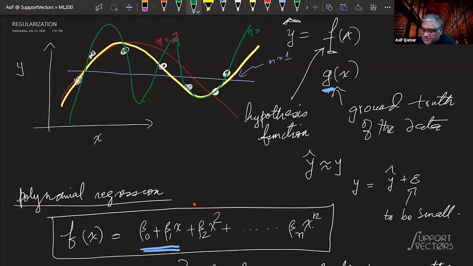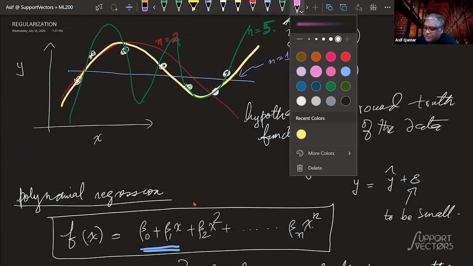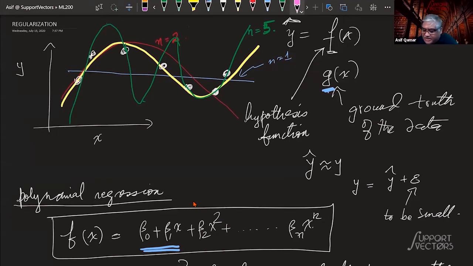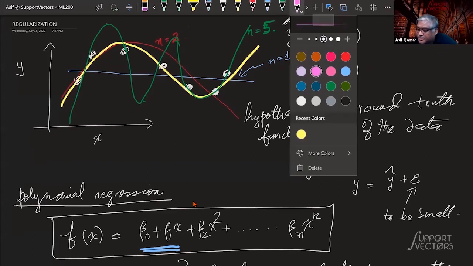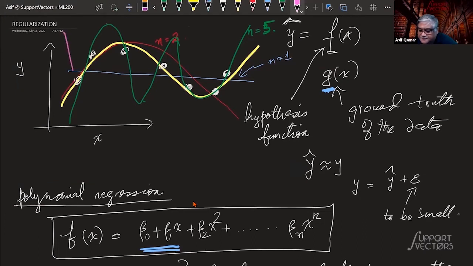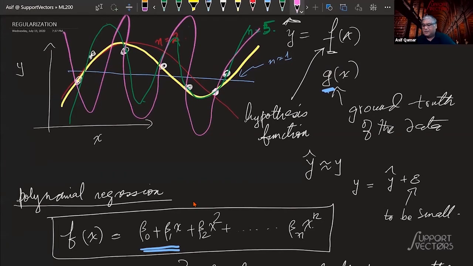If we actually did it in a model, it might look something different. Maybe I should have done that before I came here. So this is n is equal to 5. What do you notice happening? Without actually having done that, suppose I had done it for n is equal to 10. What would it look like? Now I need 9 bends, and your data will begin to look like this. And more than that, actually, it will look like this.